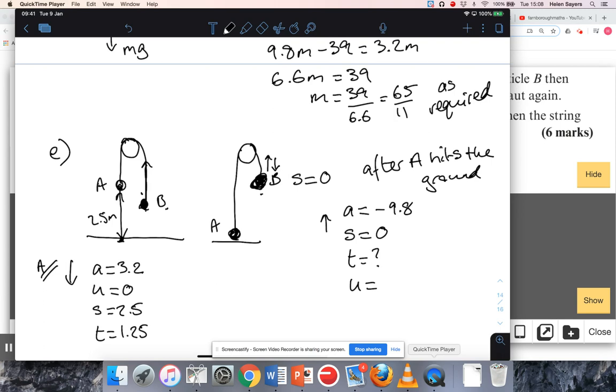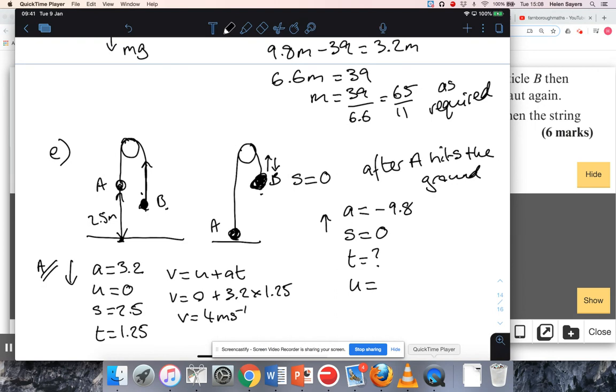So I've got lots of different options actually to what I could use. So let's use v equals u plus at. So v is 0 plus 3.2 times 1.25. So v is 4 meters a second.